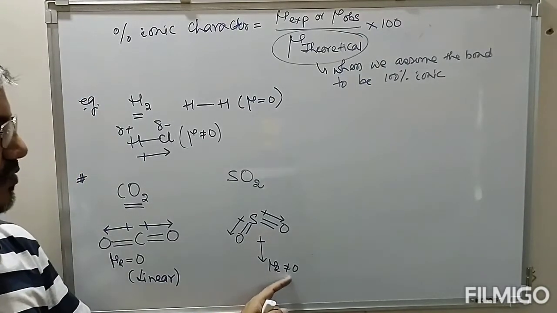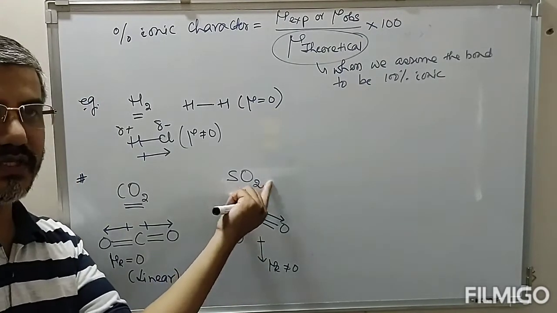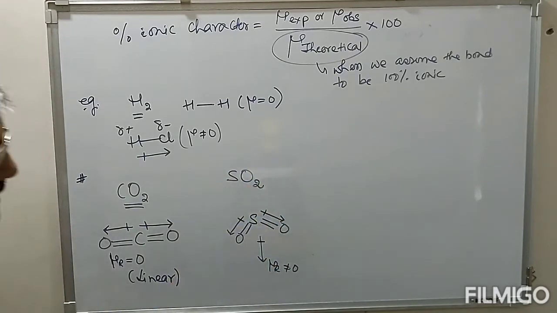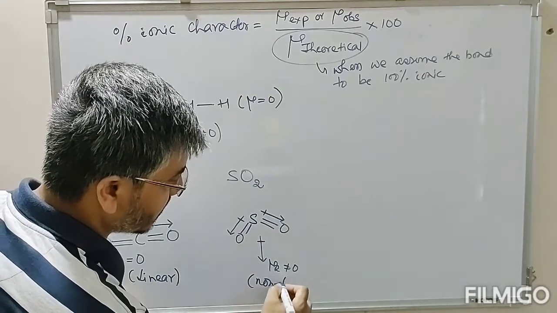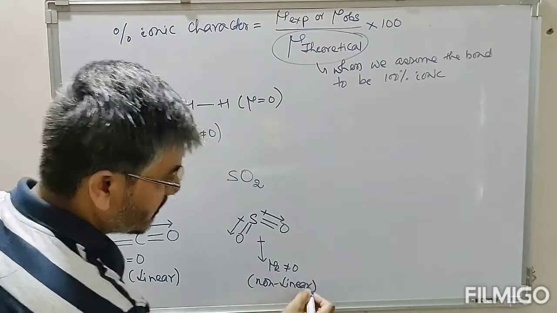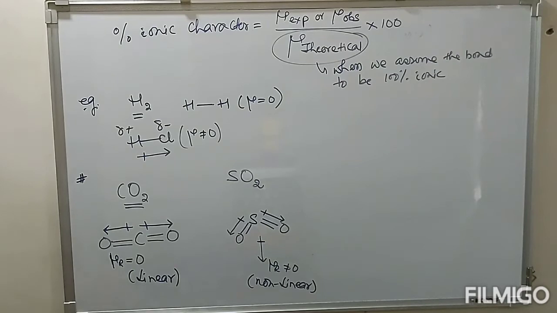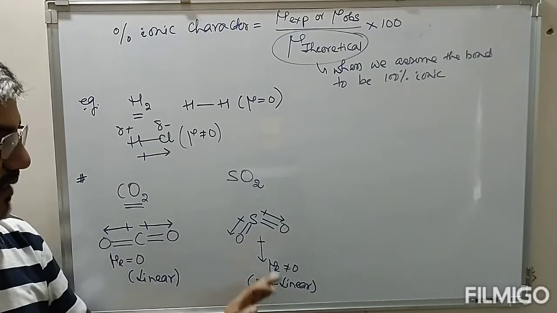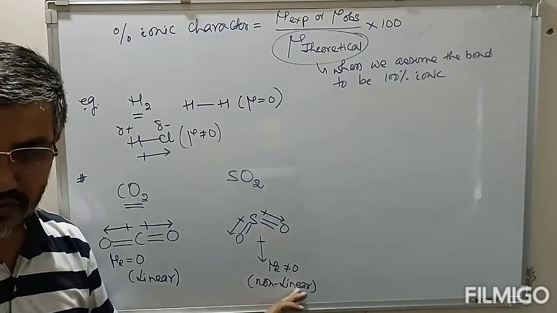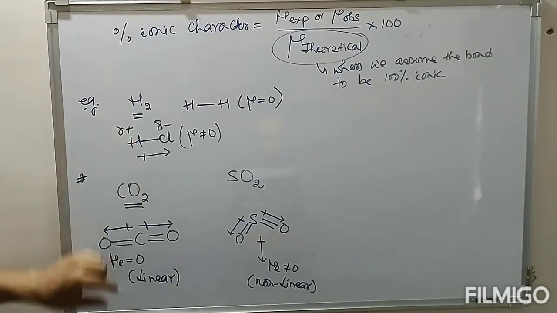Because of this net dipole moment, the sulfur dioxide molecule is a polar molecule. Net dipole is there, which means the molecule is non-linear. So based on the dipole moment, we can prove the structure also. If the dipole moment is not 0, the molecule is non-linear; if the dipole moment is 0, we say the molecule is linear.